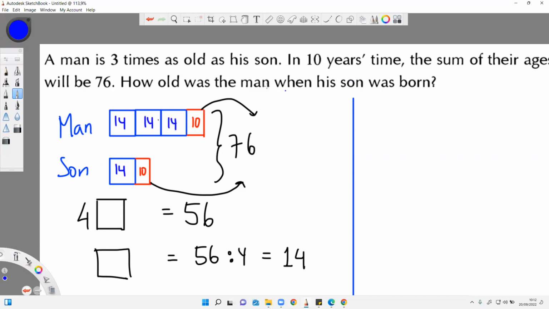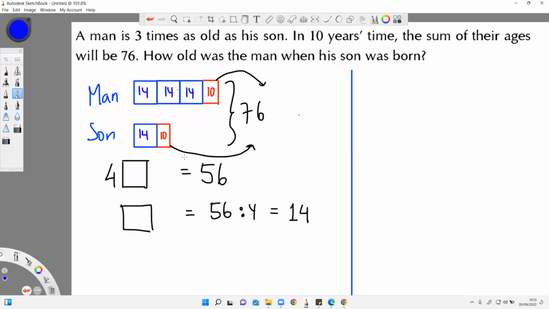So how old was the man when his son was born? What does it mean? You have to redo the age of the man and the age of his son. How old is the man, guys? 14 times 4, right? 56, not 66. Why?